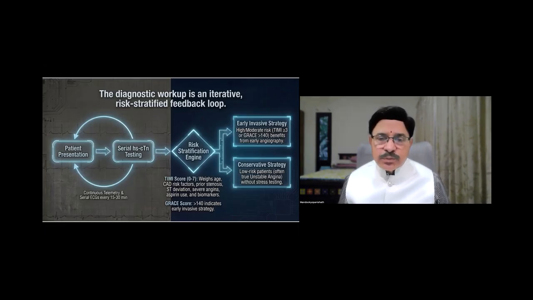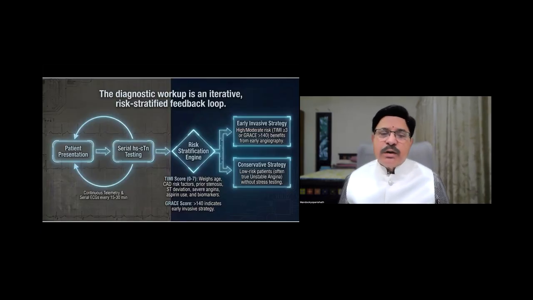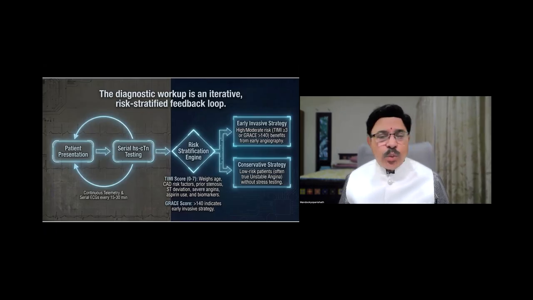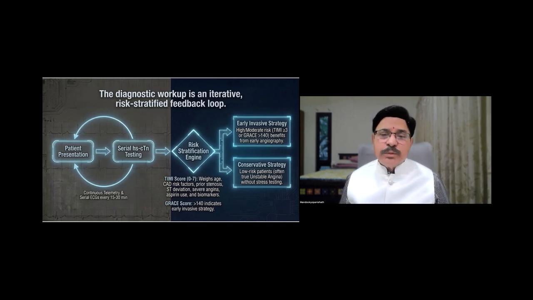Patient has symptoms suggestive of ischemic heart disease, looks like unstable angina, ECG is normal or has some changes, HS troponin mildly elevated or normal, serial ECGs we are following, and also we are doing TIMI score and GRACE. TIMI 0, 1, 2, conservative therapy. GRACE less than 140, conservative therapy.